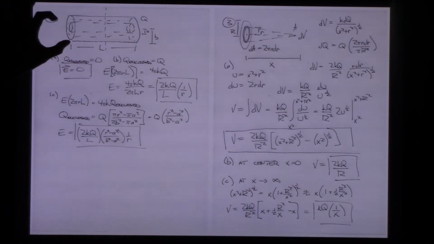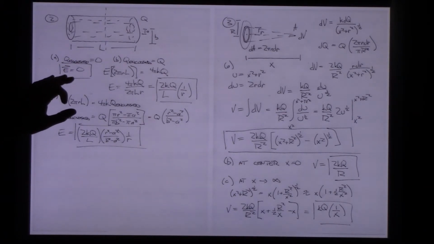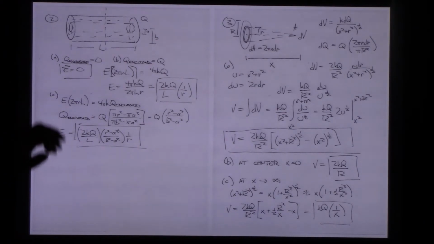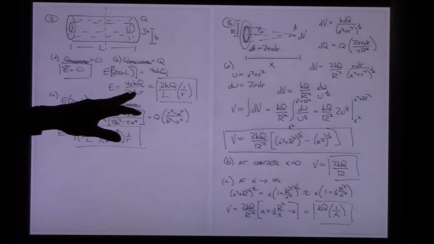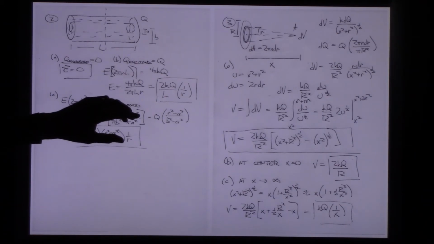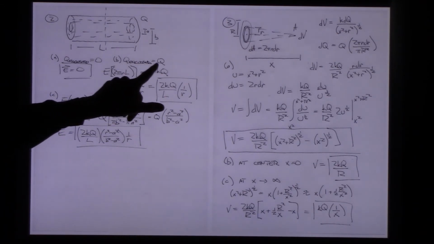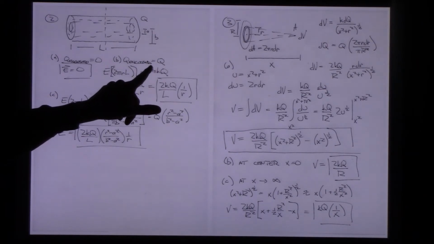If I'm doing a cylindrical Gaussian surface inside, it hasn't enclosed any charge, and the electric field is going to be zero everywhere along that surface. When we move on and go outside the surface, at that point we will have enclosed all of the charge.